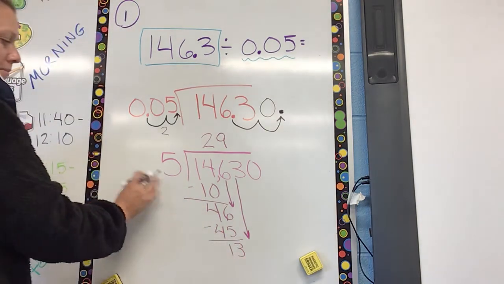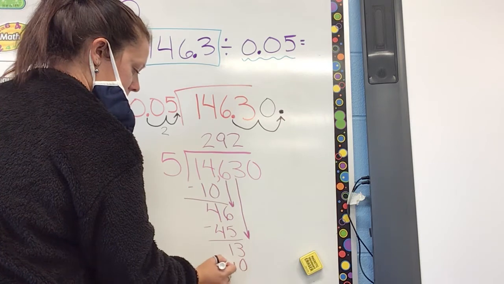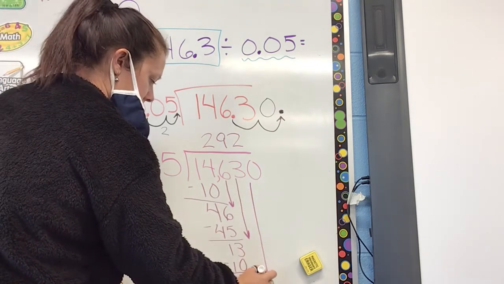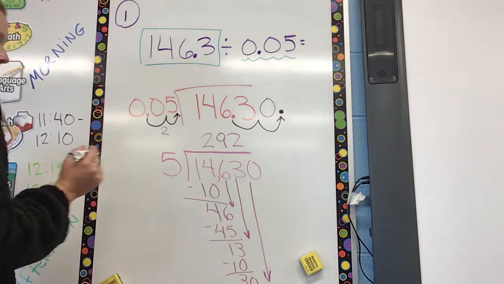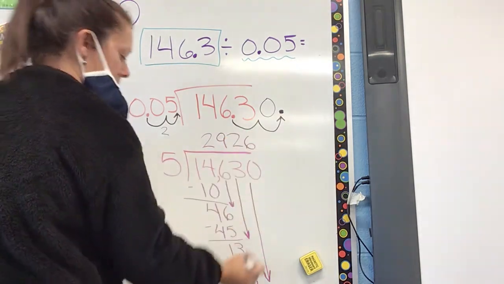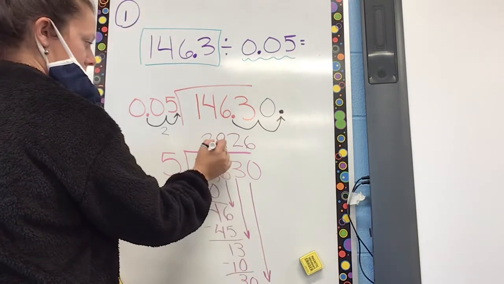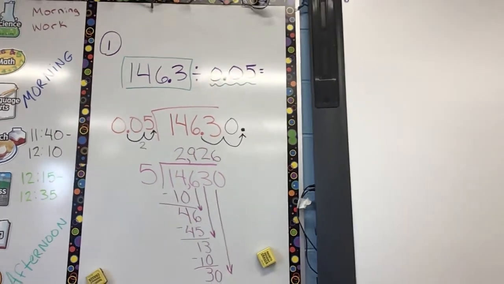What's 13 divided by 5? 2. I bring down my 0. What's 30 divided by 5? 6. Am I done? Yes. Let me slide back just a little.